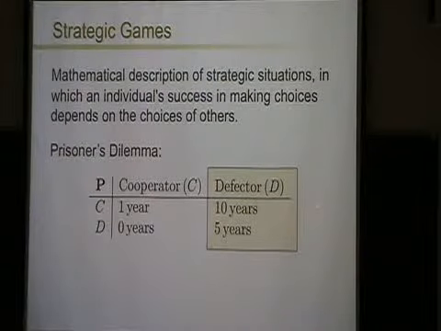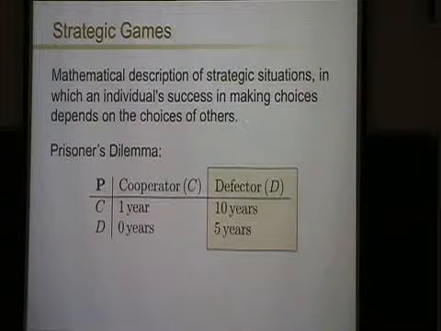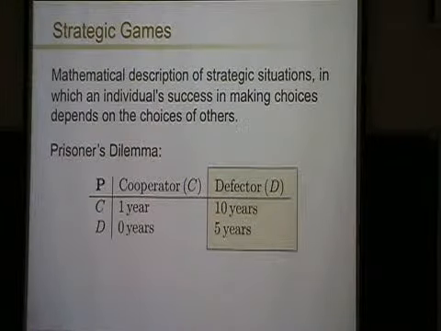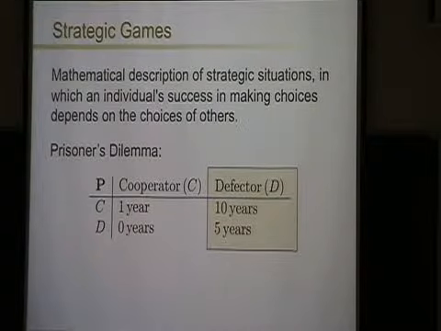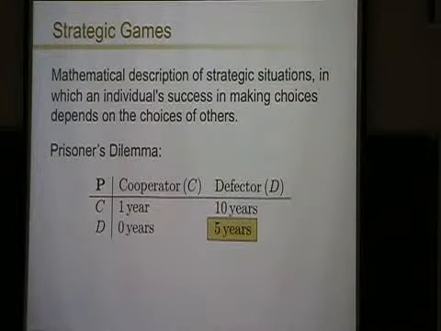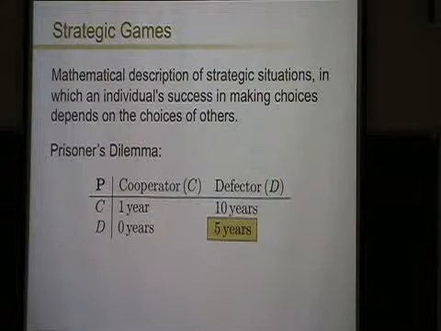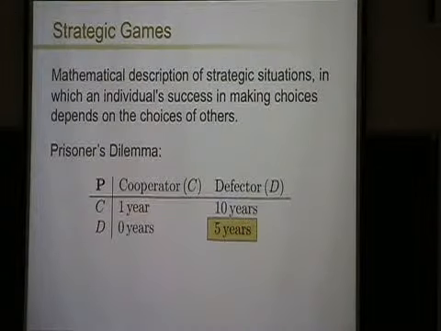So really, independent of the choice you make in that game, my best choice is always to defect. And since we're all rational people, we analyze the game in very much the same way, so we all come to the same conclusion, so we all defect, and the outcome of the game is that we both play defect, and we both go to prison for 5 years. That's of course the dilemma, right?